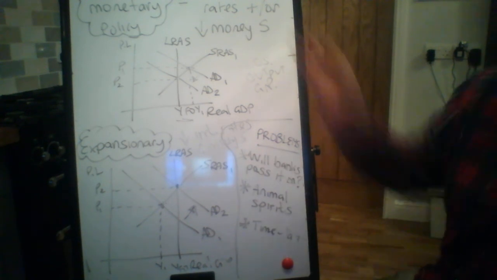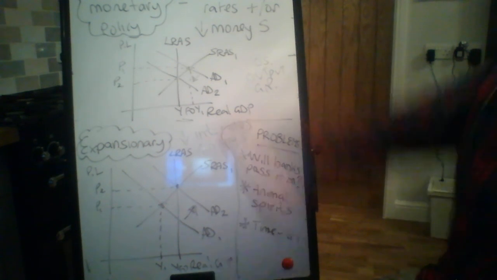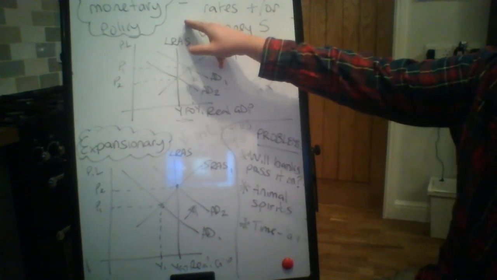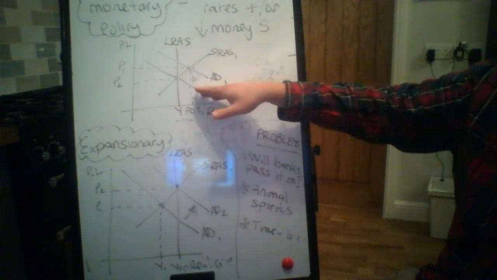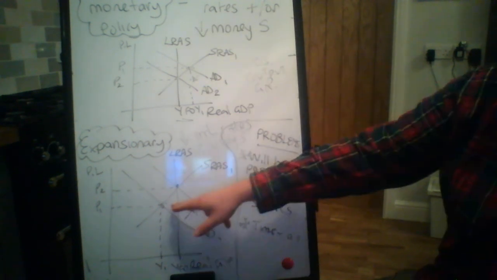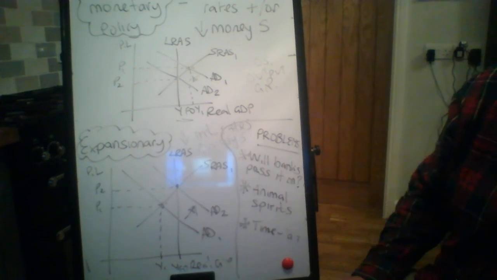So everyone, like fiscal policy, monetary policy is another demand side policy. With deflationary monetary policy, you whack up interest rates and or you lower the money supply to bring down aggregate demand. If you want to use expansionary monetary policy, you're trying to tackle a negative output gap.